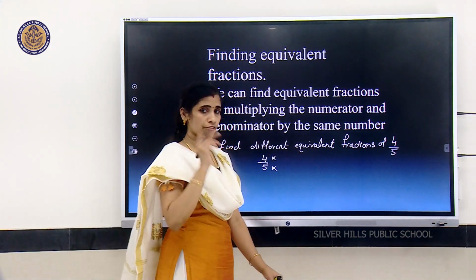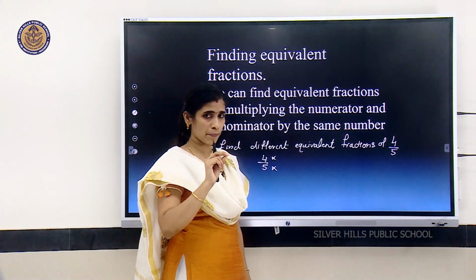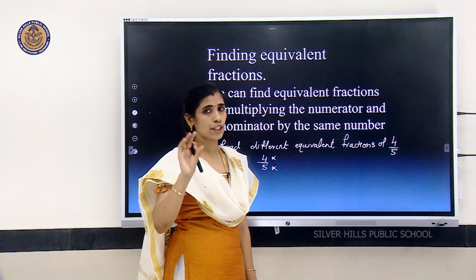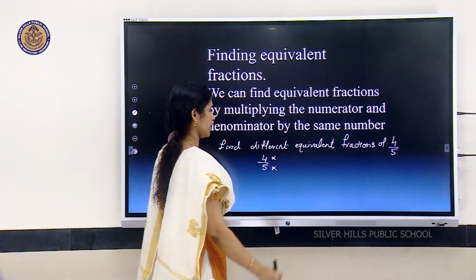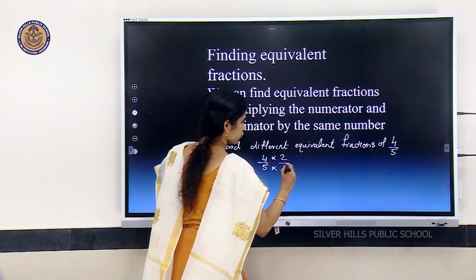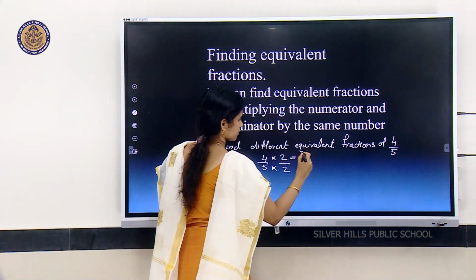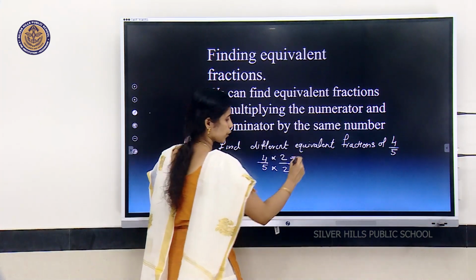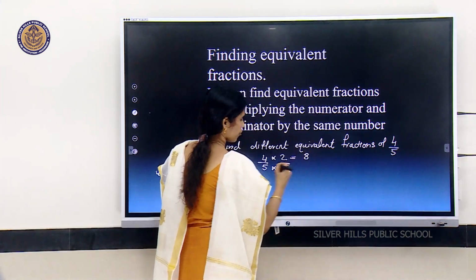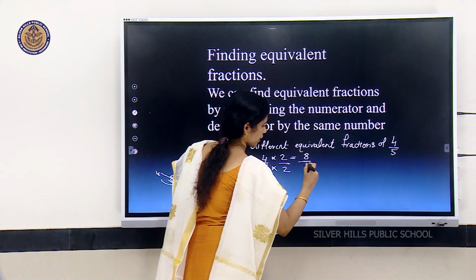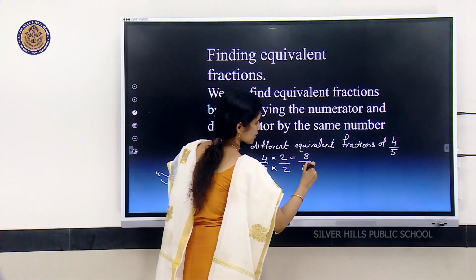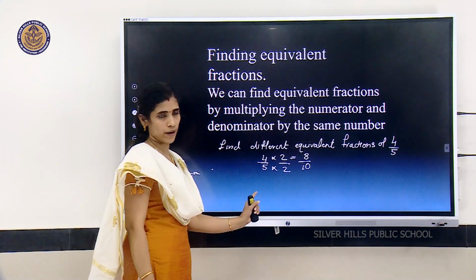So how can you find different equivalent fractions? We can multiply the numerator and the denominator by the same number. That is 4 by 5 into 2 by 2. 4 into 2 is equal to 8. 5 into 2 is equal to 10. So 8 by 10 is an equivalent fraction of 4 by 5.